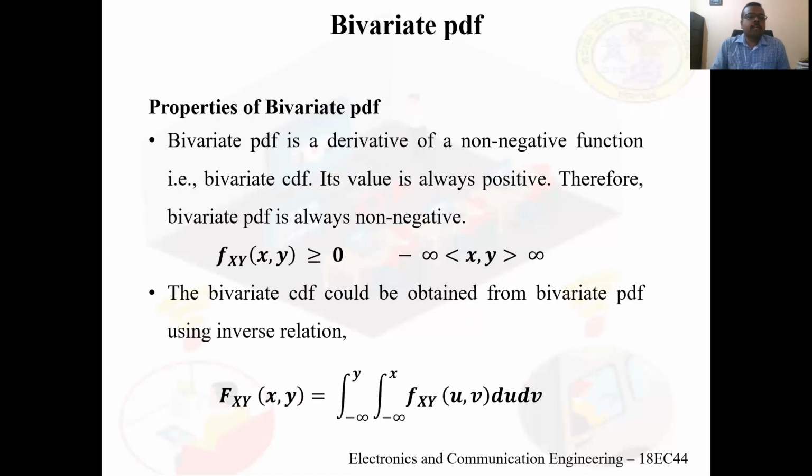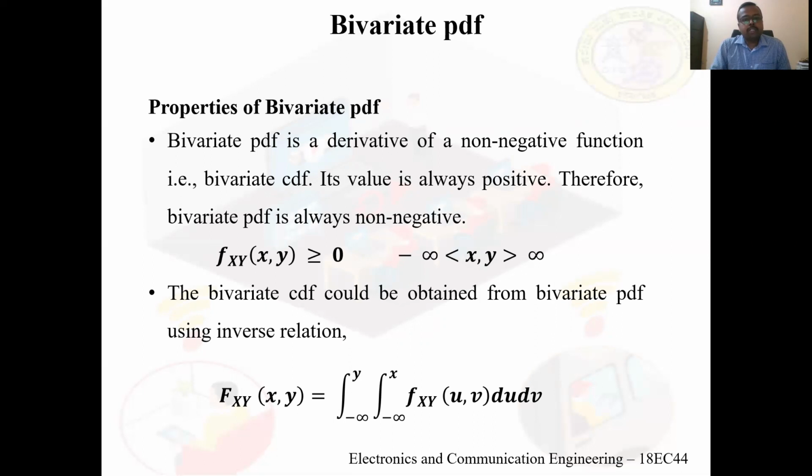Now we'll look at the properties of the bivariate PDF. The bivariate PDF is a derivative of a non-negative function, that is the bivariate CDF. The bivariate CDF is non-negative, right? It's non-decreasing in both x and y direction.